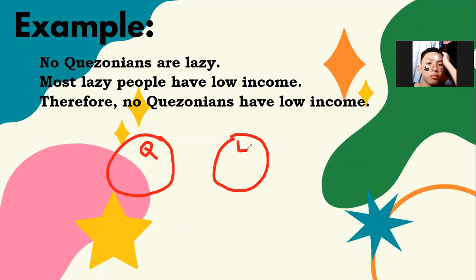So, paano natin yon? Some lazy people, ilagay natin na ang low income ay I. Let's use I for low income. Paano natin i-drawing yun? Magtatabi po tapos nasa gitna. Paano? Sige nga, Melvin, mag-annotate ka, anak.